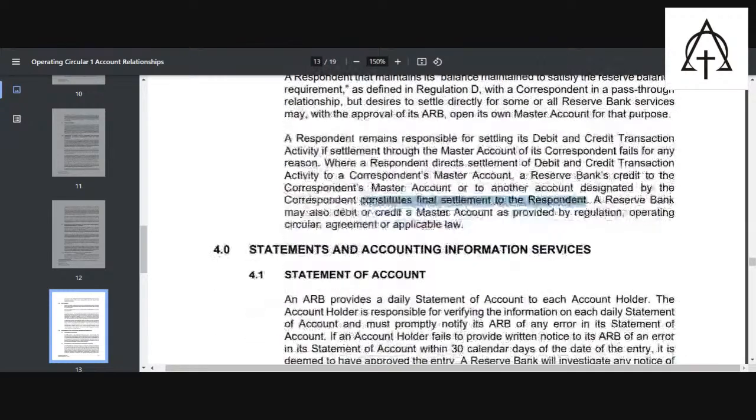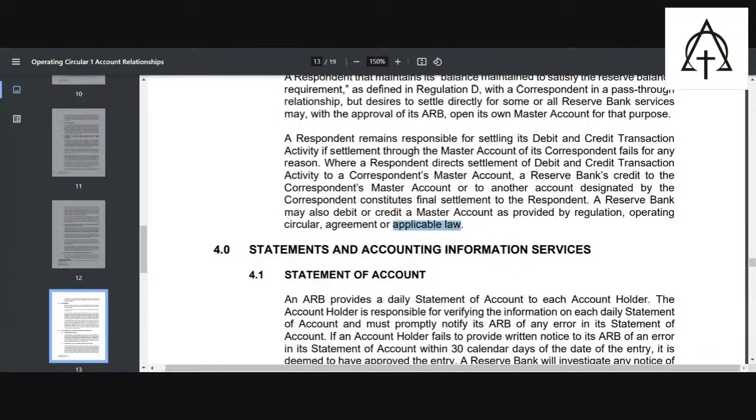So we're going to continue on. It says, a reserve bank may also debit or credit a master account as provided by regulation, operating circular, agreement, or applicable law. So they can go and do some forum shopping.